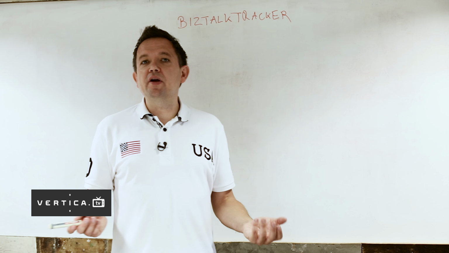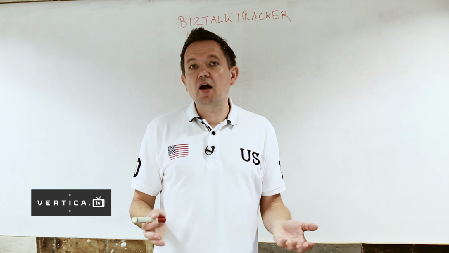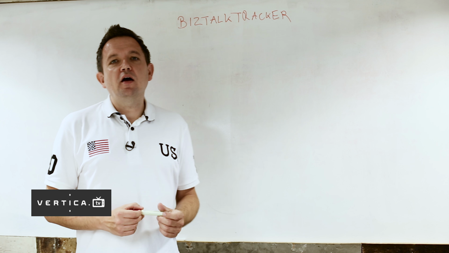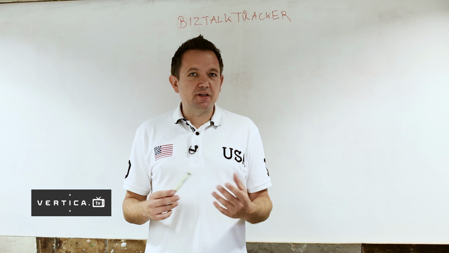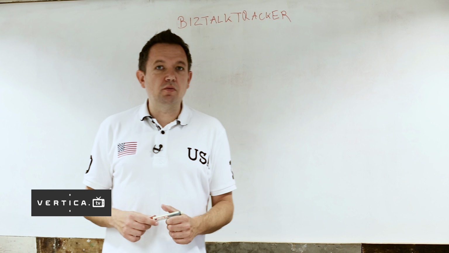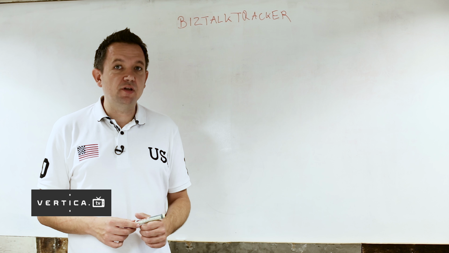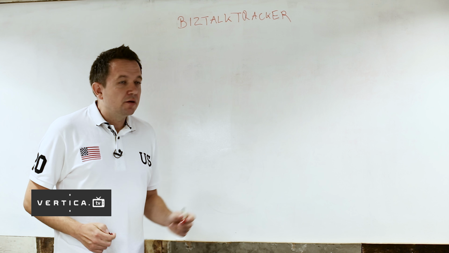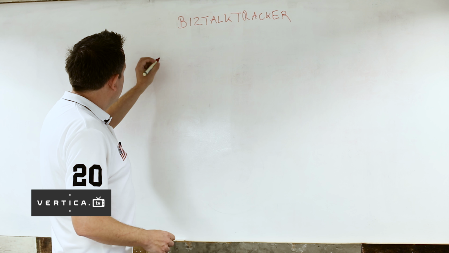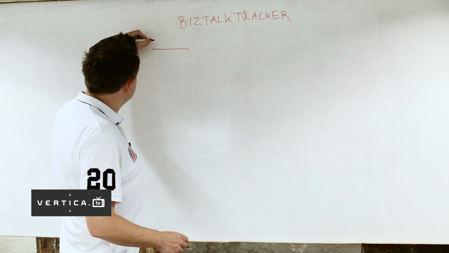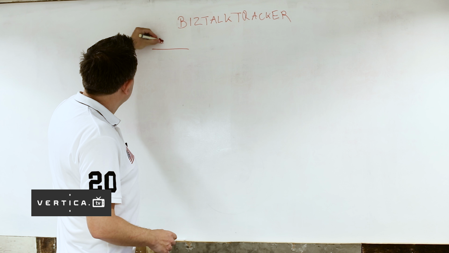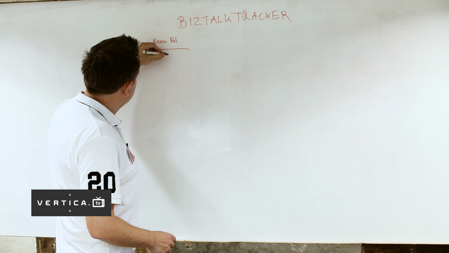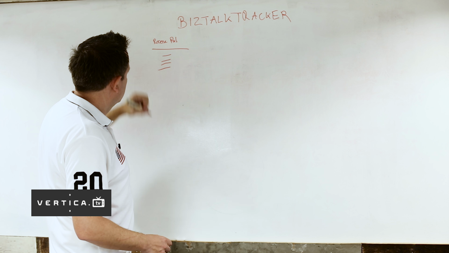it will show you what's going on in your BizTalk server environment in a more human readable way than your existing BizTalk console application does today. For instance, BizTalk Tracker gives you the ability to see all received messages. It could show you your receive port and the receive port name here.